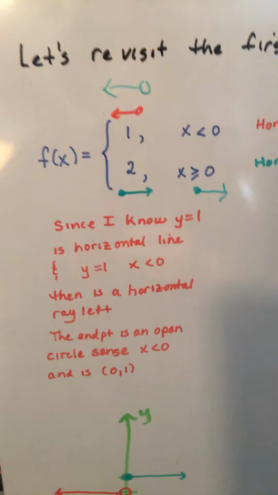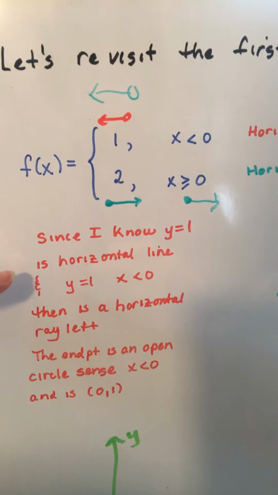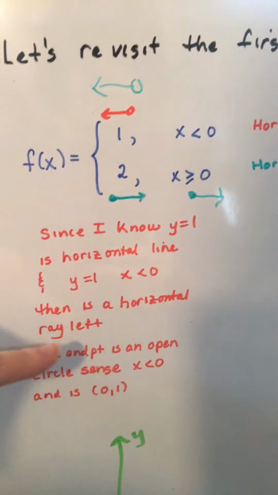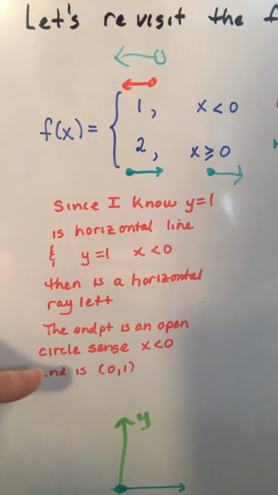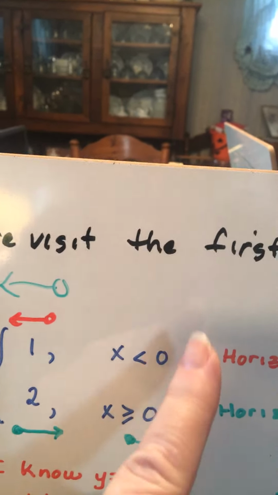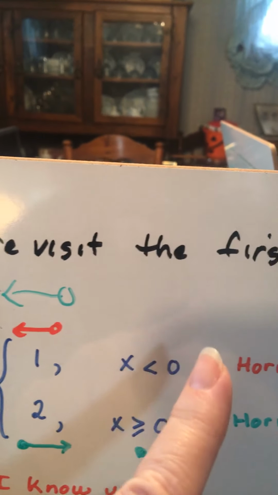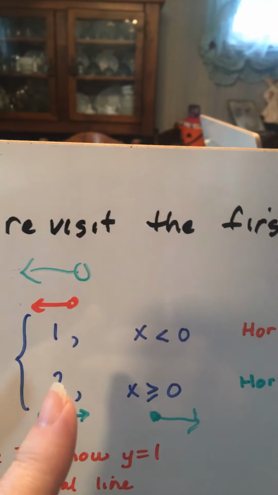Since I know y equals 1 is horizontal, and y equals 1 is less than 0, then I know it's horizontal, I know it opens left, and I even know the endpoint. Now here's what's tricky. It's not 1, 0, it's always x, then y. So the ordered pair is 0, 1, and this ordered pair is 0, 2.